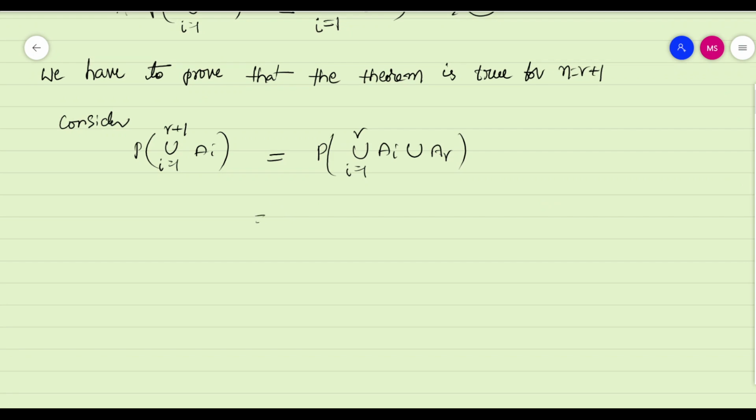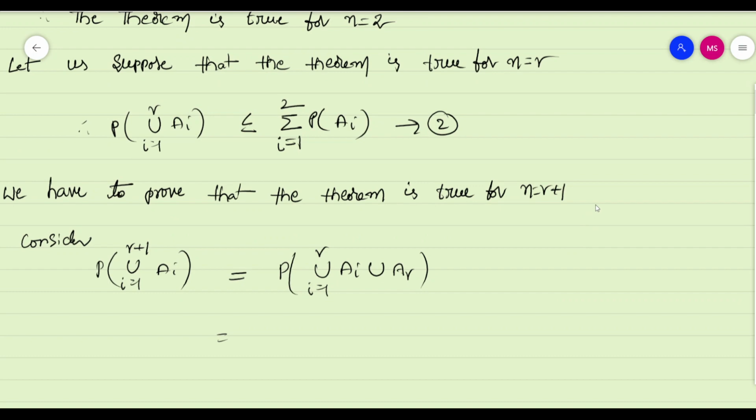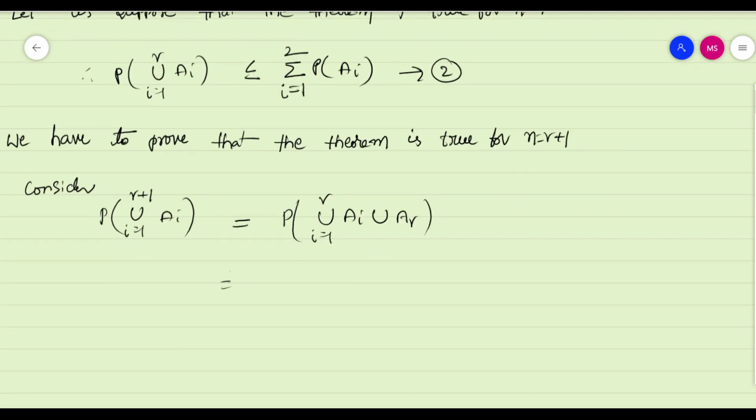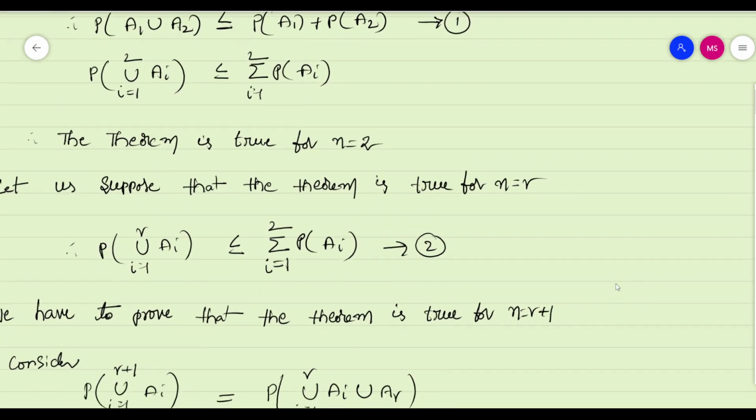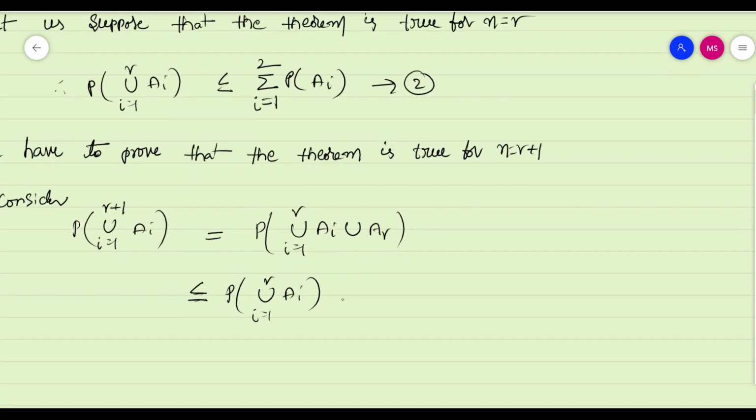From equation 1, P of A1 union A2 is less than or equal to P of union i running from 1 to r Ai plus P of A(r+1).